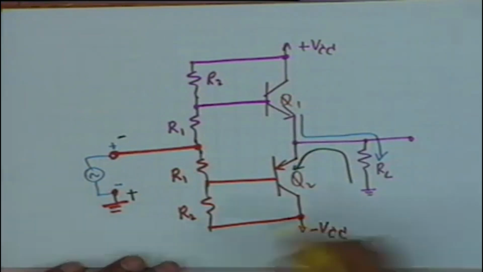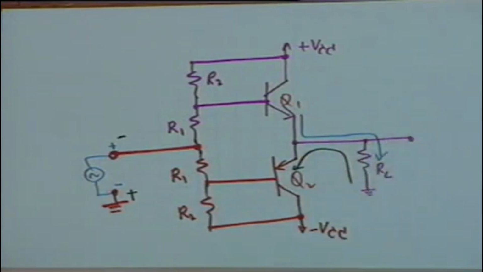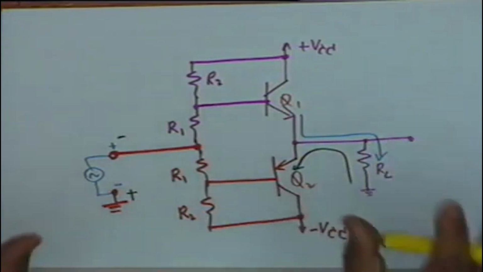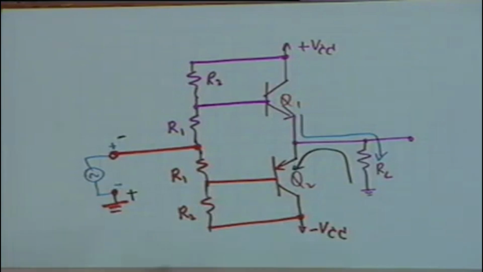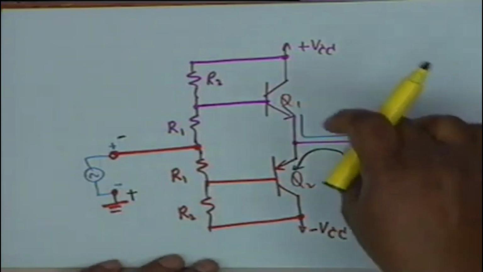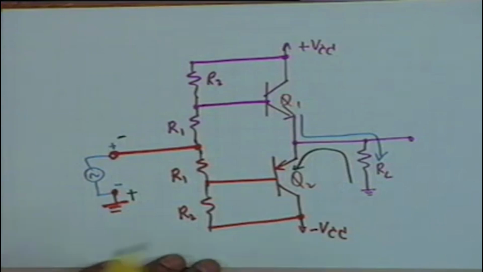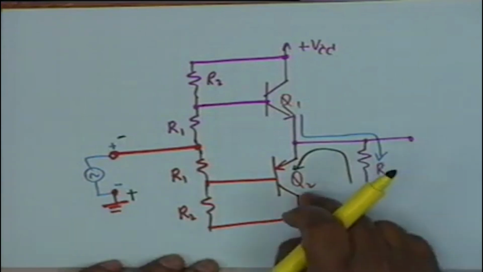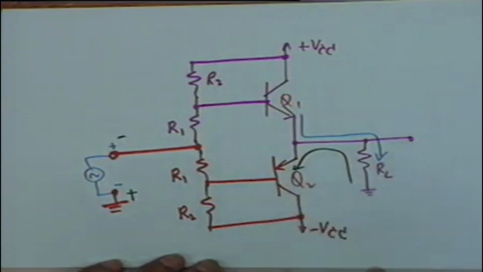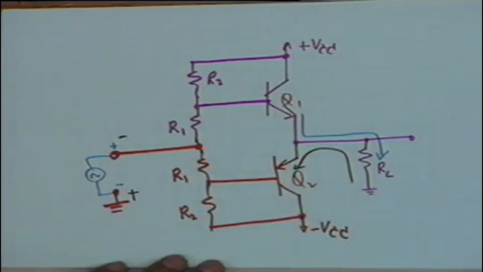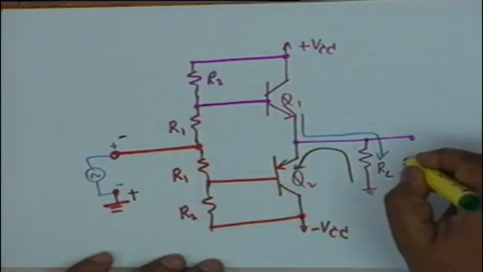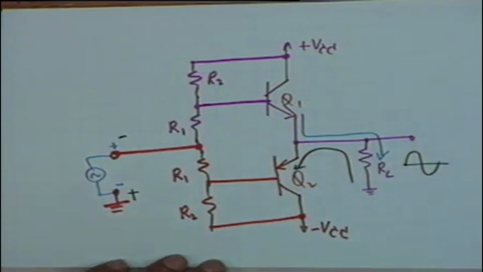Agreed? And therefore what does the load see? Load is never deprived of any current. It gets current during the positive half cycle from Q1, it gets current during the negative half cycle from Q2, and it gets in the correct direction, and therefore the voltage across RL is simply the full sine wave.